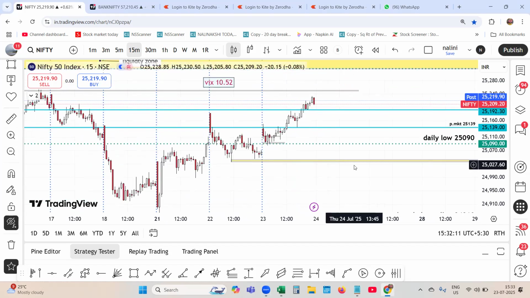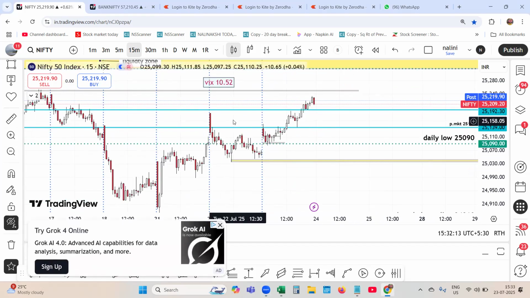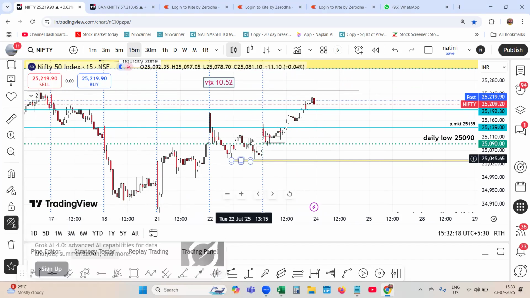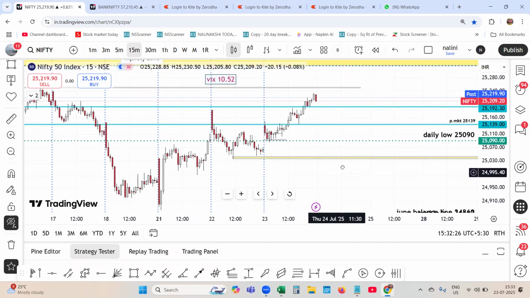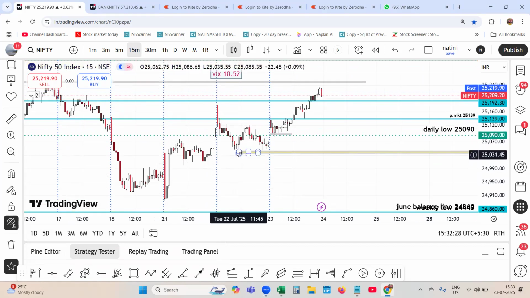Many people might have gone short thinking that, immediately when they see the red candles coming down, they will press the sell button. One should not do that, because this was yesterday's boundary, yesterday's low, 25,035.